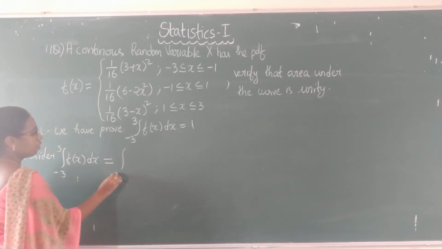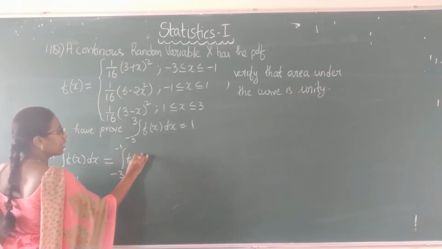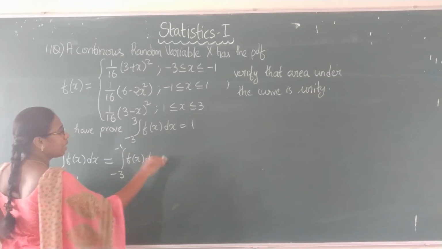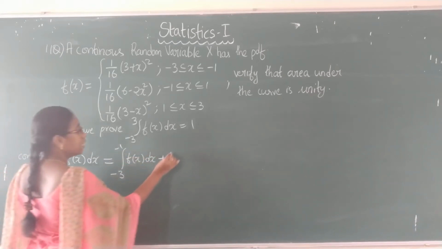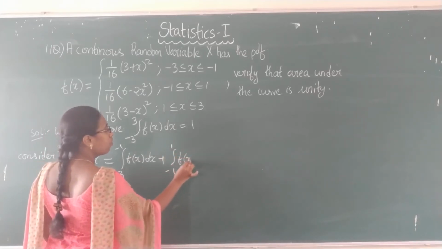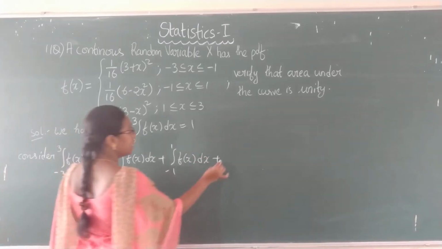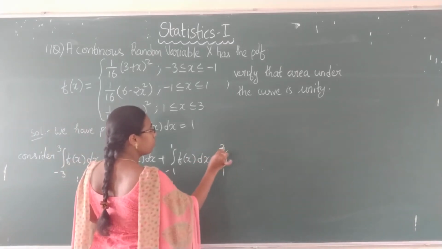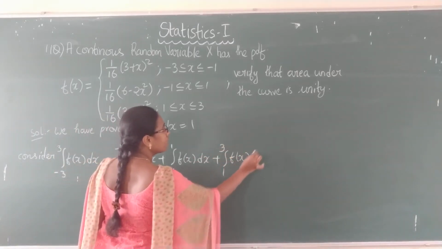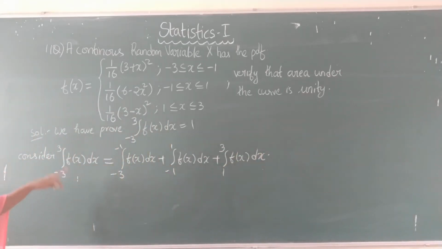Integral over -3 to -1 of f(x) dx plus second one is integral over -1 to +1 of f(x) dx plus third one is integral over +1 to +3 of f(x) dx. So this value should be equal to 1.